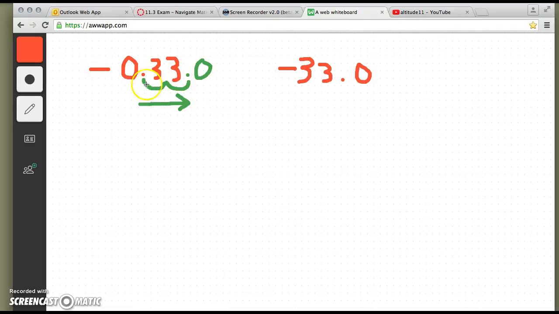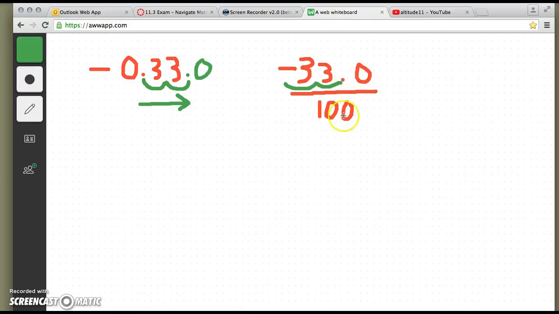But because we moved this decimal place 2 spots to the right, we need to account for that, and we need to divide by 100. If you look at that negative 33.0, if we wanted to move the decimal back, it would take us 2 places to the left, once and twice.